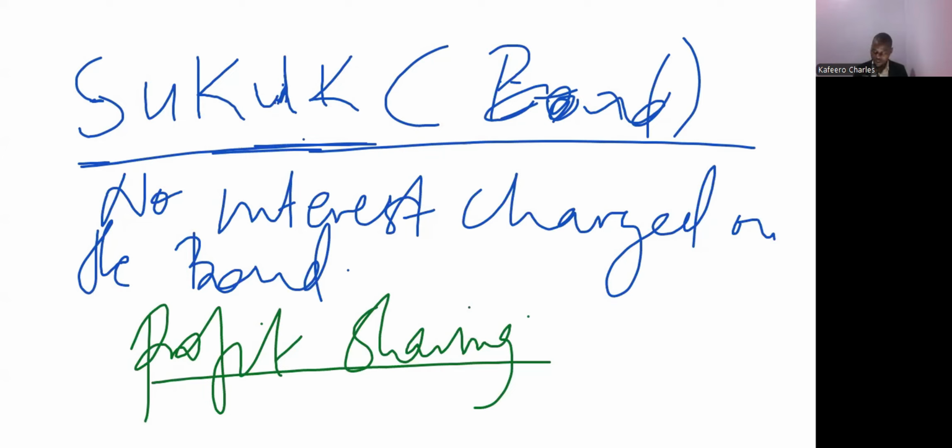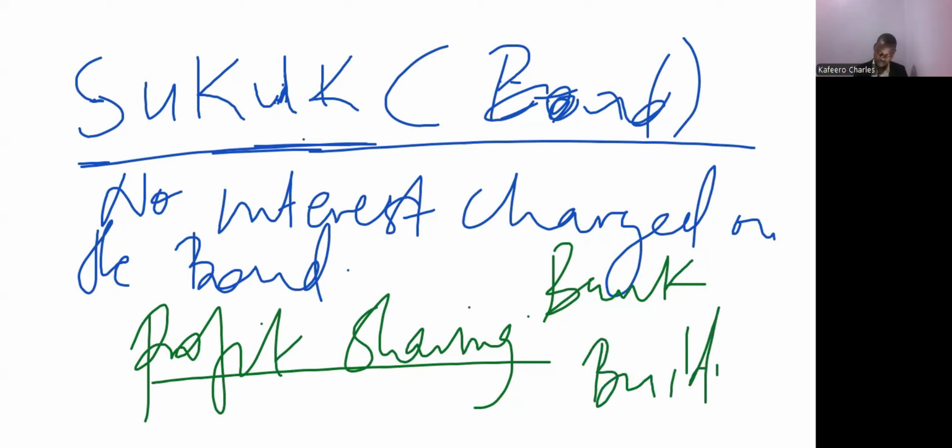So the motive is just to share profits. In other words, you include the investor in your business or in your asset, because it could be a bank. I don't have the money to construct the factory plant. Then I go to the bank. The bank buys for me a building. Now the building is going to be mine.